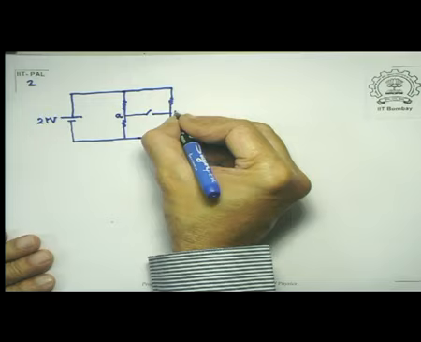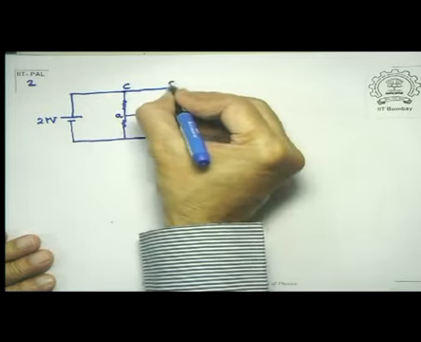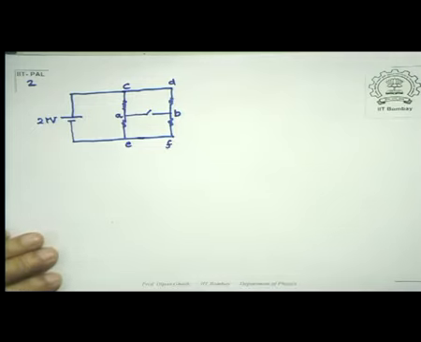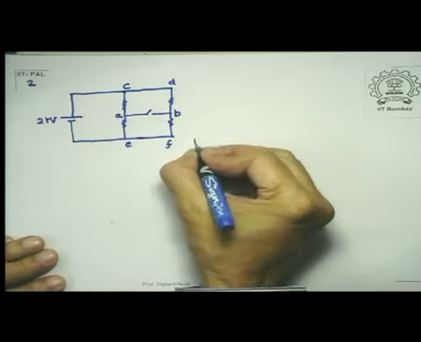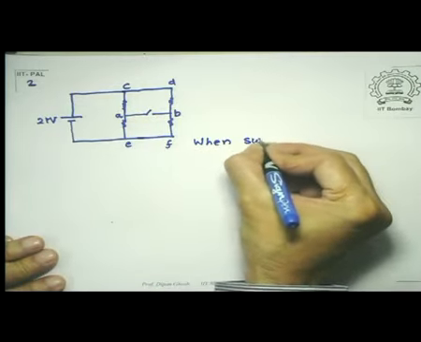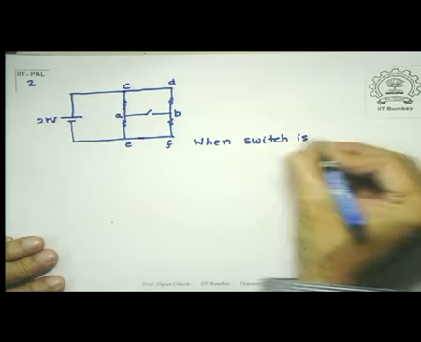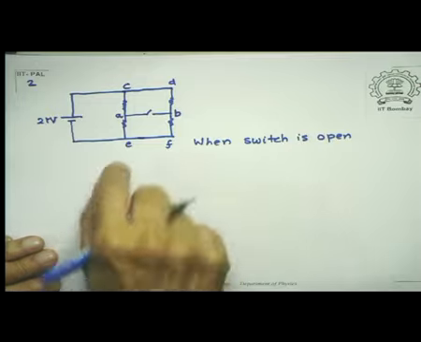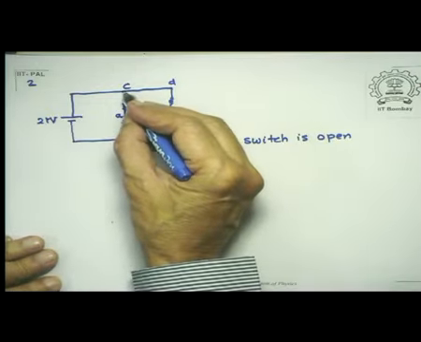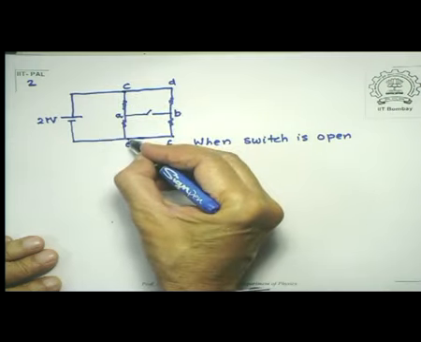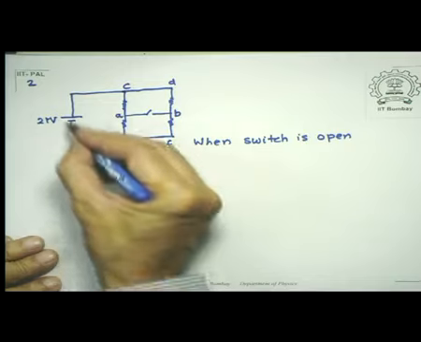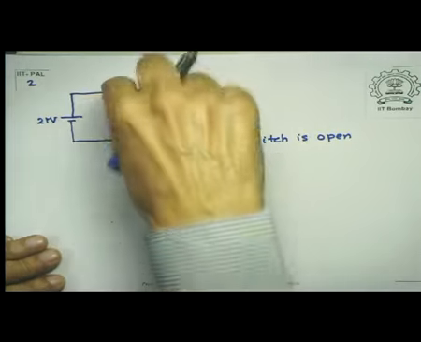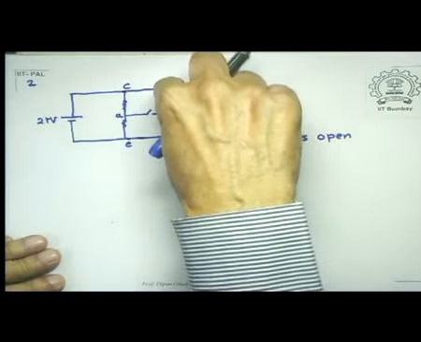Let's call this point A, this is B, this is C, D, and E and F. So what we said is this, that when this switch is open, this section doesn't actually do anything to the circuit. But look at this pair of points. The voltage drop across CE, because C is connected to this side, E is connected to this side of the battery, is 21 volts. Voltage drop across DF is also 21 volts.